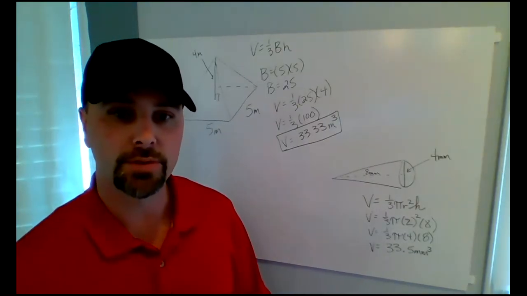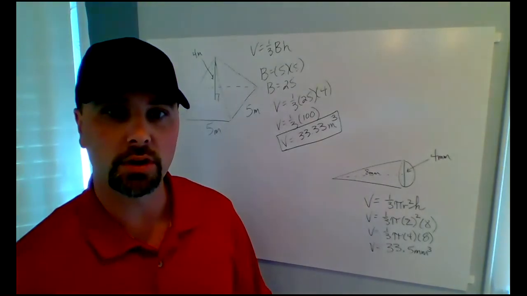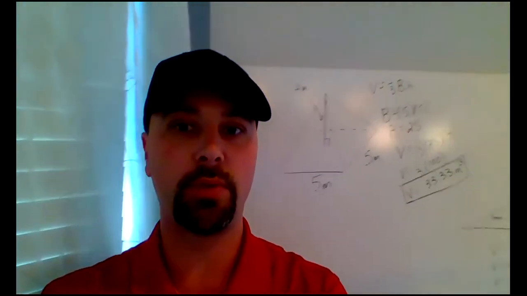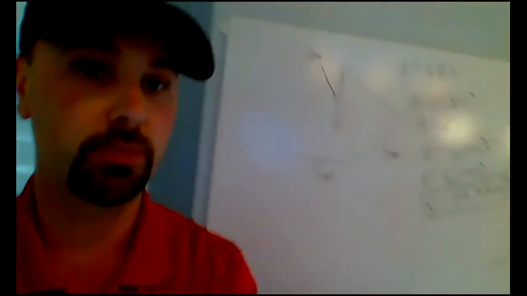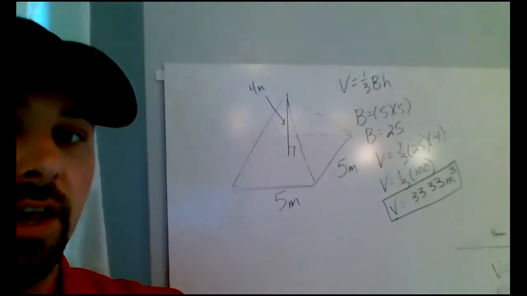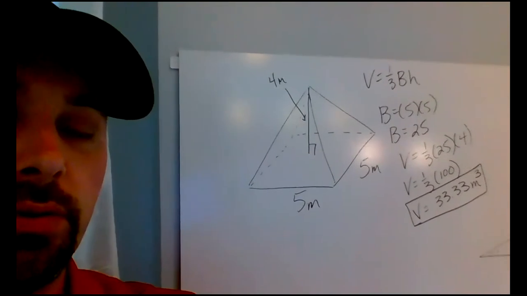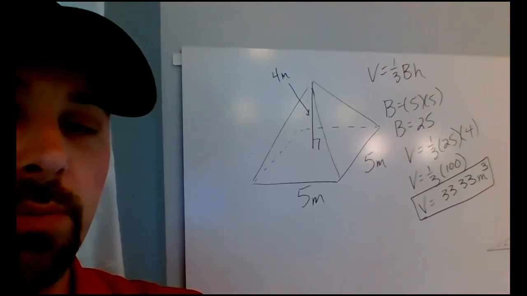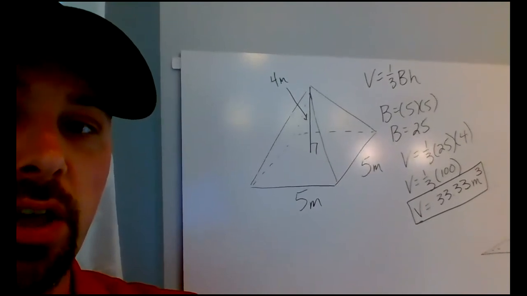All right, so hopefully you are back and feeling pretty good about the problem. So let me just show you here. Here was the first one. It was a pyramid, and we found the formula V equals 1/3 big B times H, where B is the area of the base.